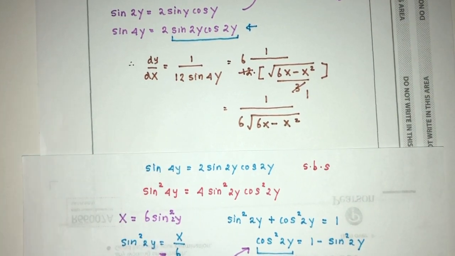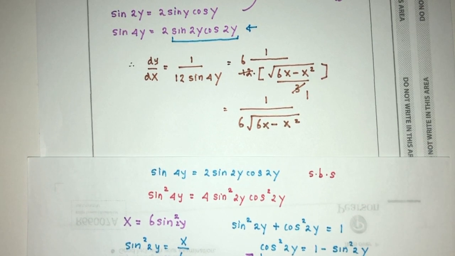Okay, I hope that was clear, right? How do we find those values?